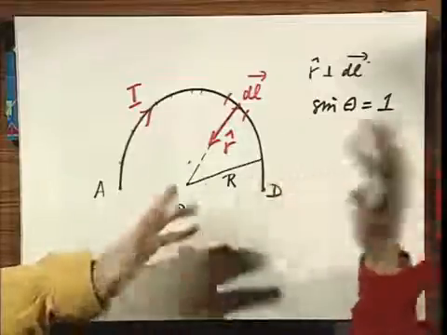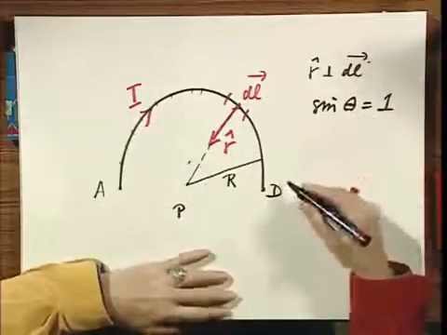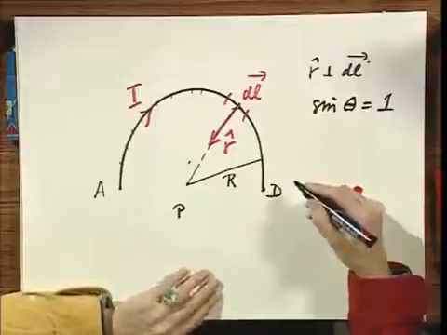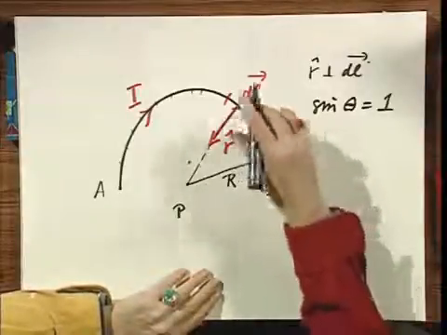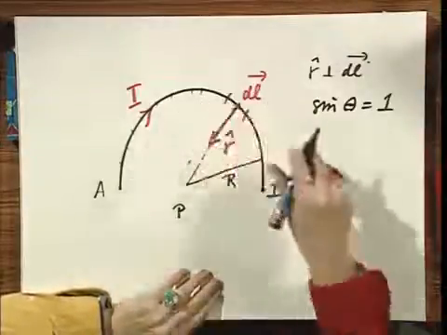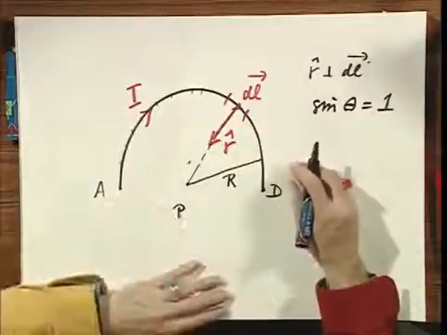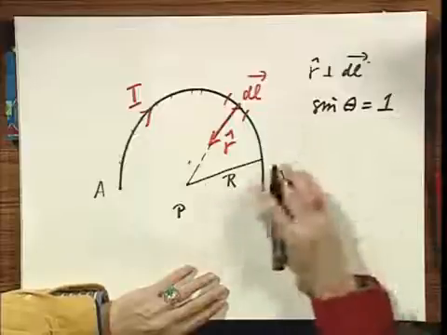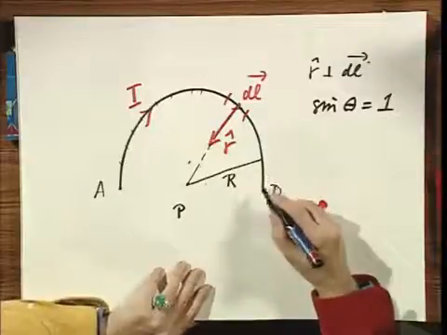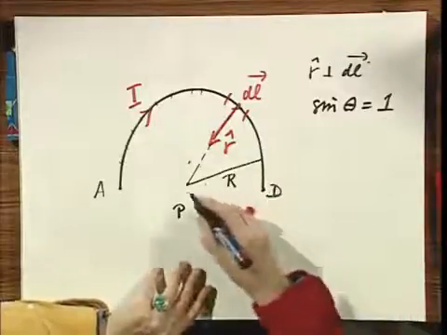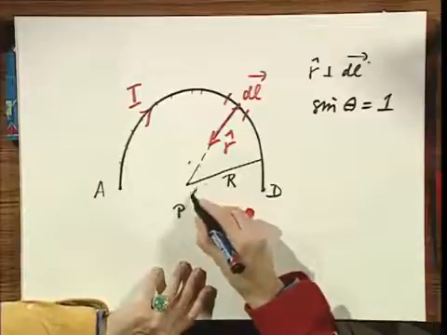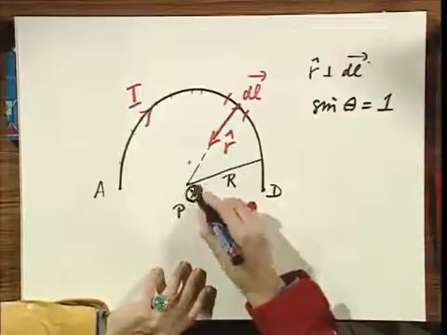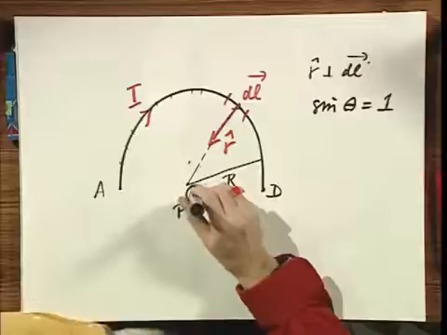Whether it's plus or minus 1, well, it's a matter of taste. The cross product is dl cross r, sine of theta, 90 degrees, is 1. If you want to call it minus 1, I don't care, because I do know that the magnetic field is in this direction, and that's ultimately all I want to know.